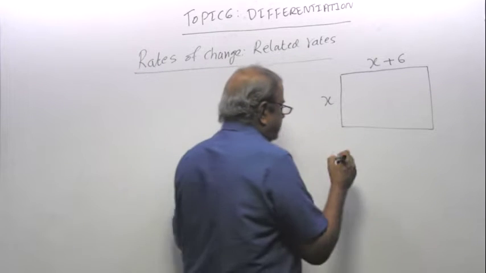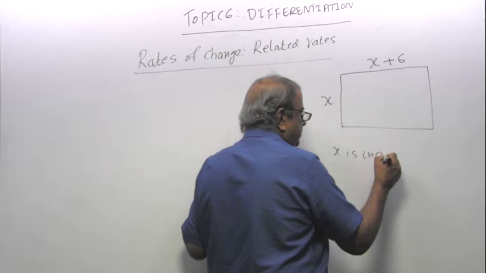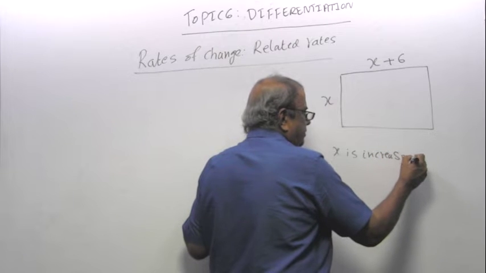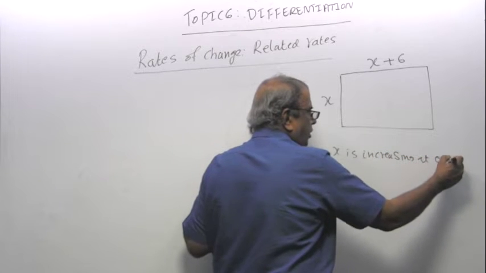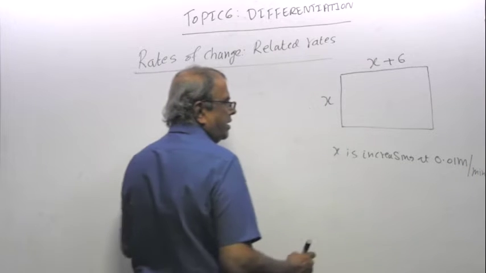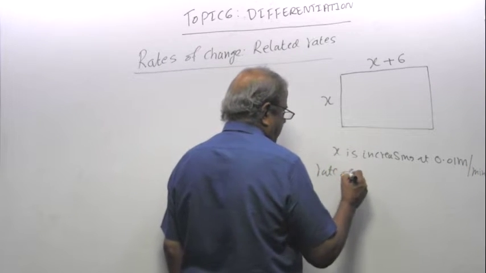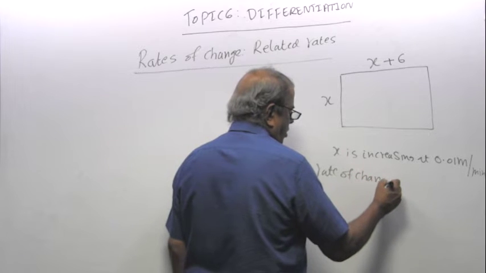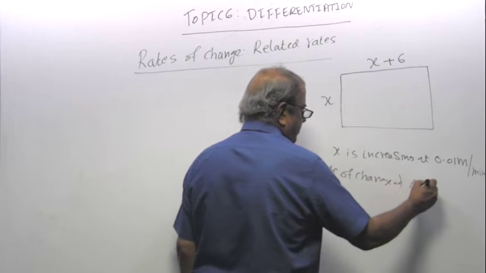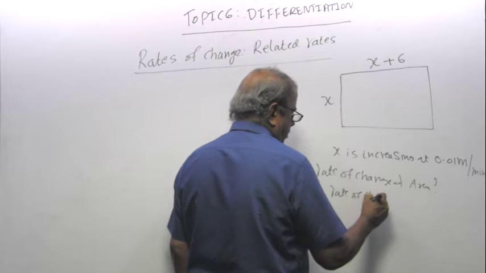And you've been given x is increasing at 0.01 meter per minute. What is the rate of change of area? What's the rate of change of perimeter?